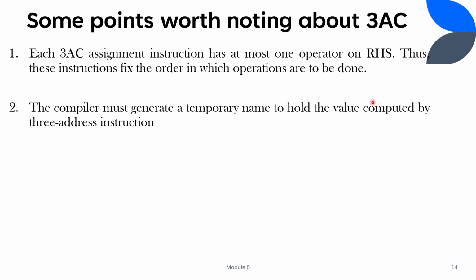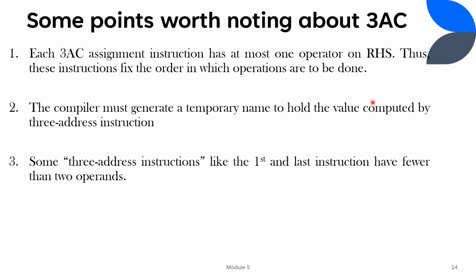Further, when id3 and t1 were multiplied, that result was also saved in a temporary variable, that is t2. In other words, whenever we are calculating something for a 3-address instruction, the result should go into a temporary variable. Lastly, as I said, the first and the last instructions have fewer than 2 operands. They have only 1 operand.